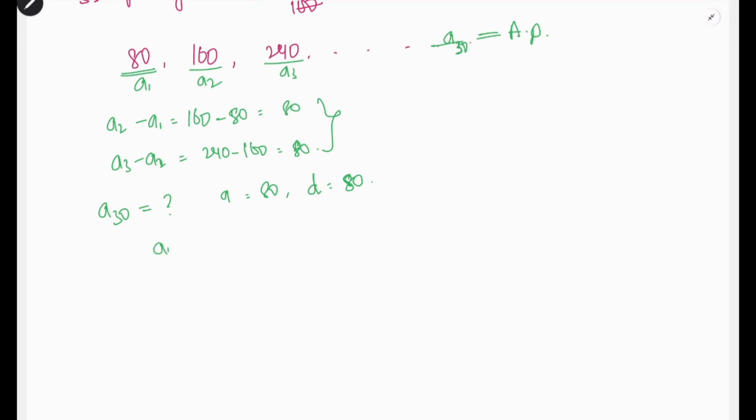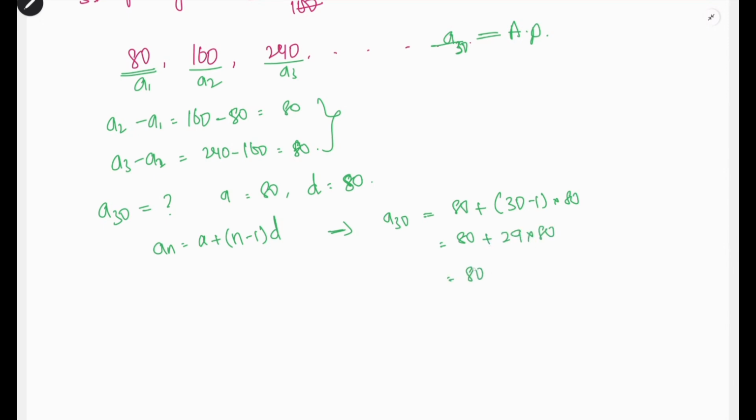By using the formula an equal to a plus n minus 1 into d, we will find A30. A30 equals 80 plus 30 minus 1 into d, which is 80. It is 80 plus 29 into 80.